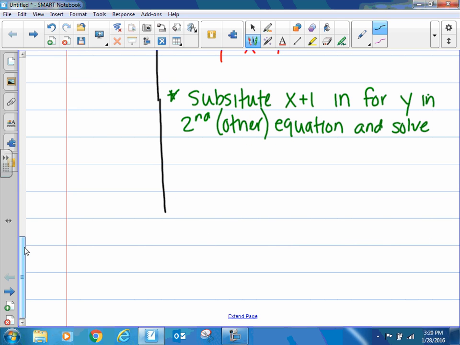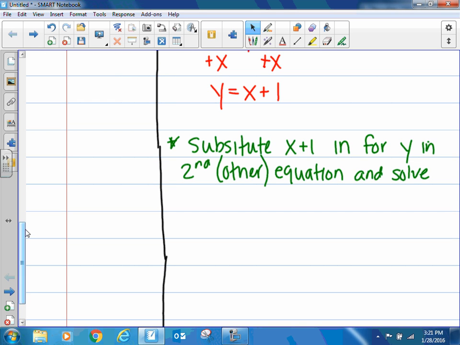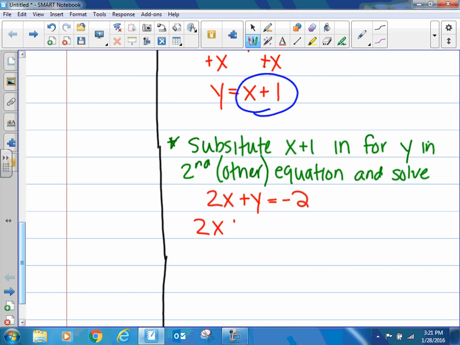We know now that y is equal to x plus 1. So we're going to take the other equation. If you remember, the other equation is 2x plus y equals negative 2. And we're going to substitute in x plus 1 for y. All right, so 2x plus y is now 2x plus (x plus 1) equals negative 2. Okay, so we're eliminating the y and substituting in the new value that we got for it.